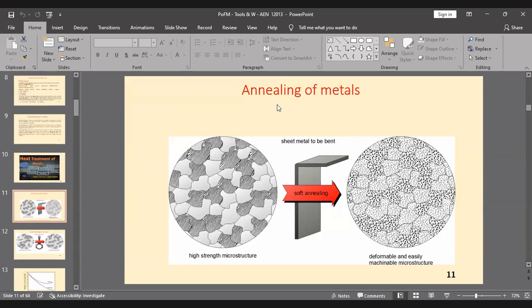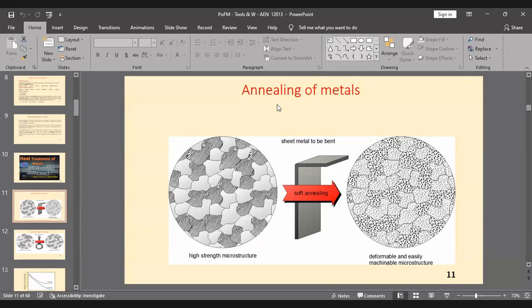So you can see this figure especially. Soft annealing: the original steel has a high strength microstructure. This is the microstructure of steel. Micro, microstructure, some molecular level analysis.